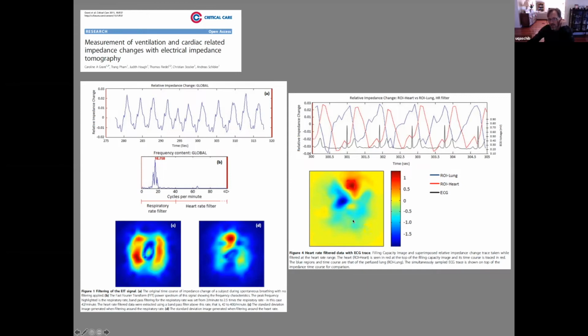And if you want to be very, very clever, you even apply and use an ECG signal to gate your filtering process. And if you are very astute, you can see that impedance change here is occurring in a positive direction, and around these areas, impedance changes are occurring in a negative direction.